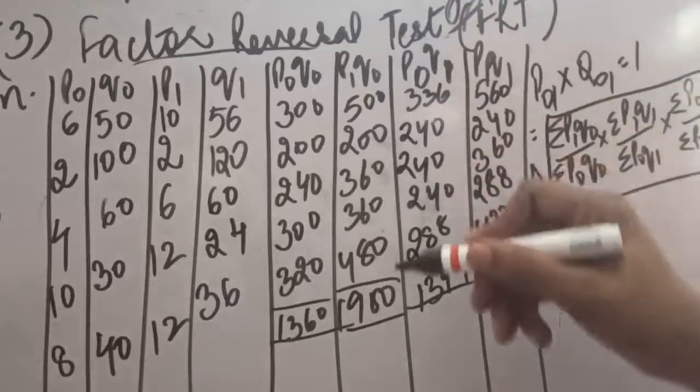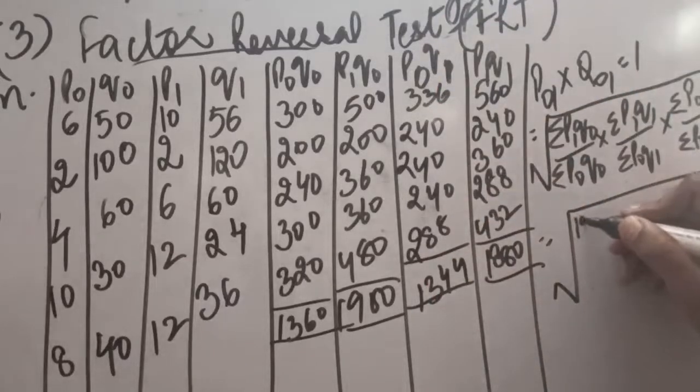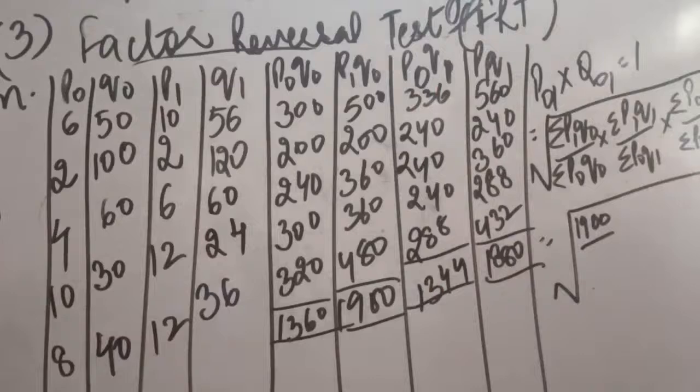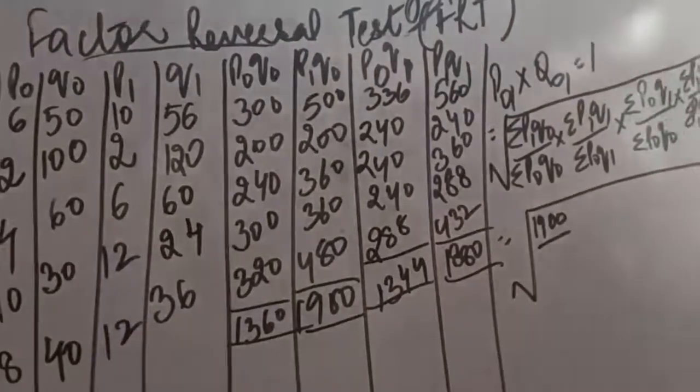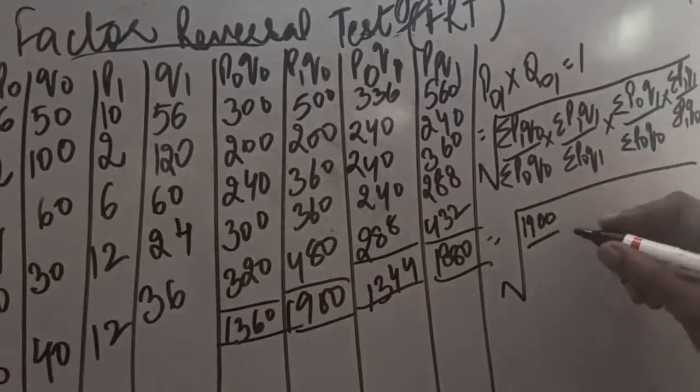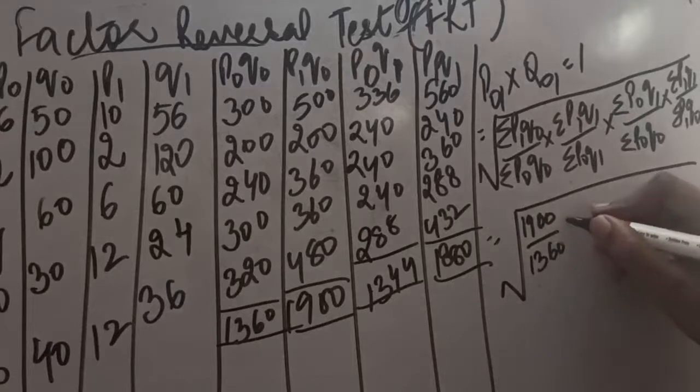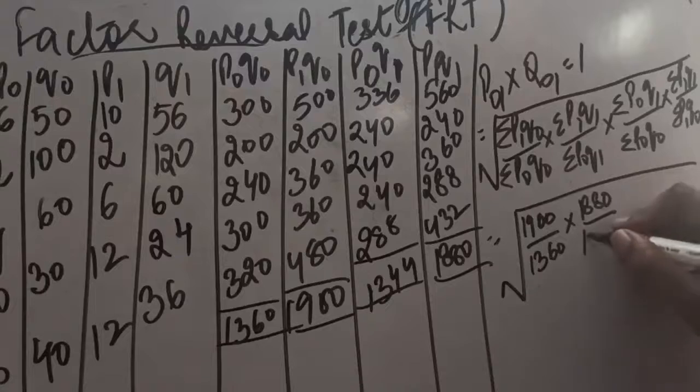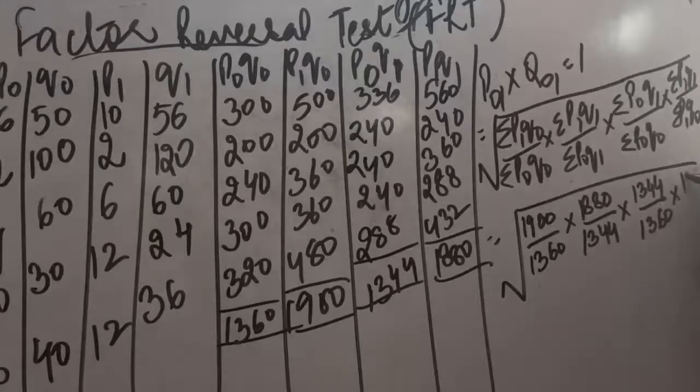P1 Q0 is 1900, next is P0 Q0 1360, P1 Q1 1880, P0 Q1 1344, again 1344, 1360, 1880, and P1 Q0 is 1900.